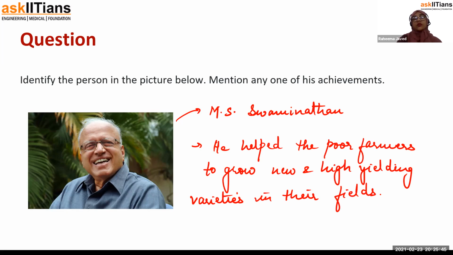So, thanks to Mr. M.S. Swaminathan. And he is also regarded as father of Green Revolution in India.